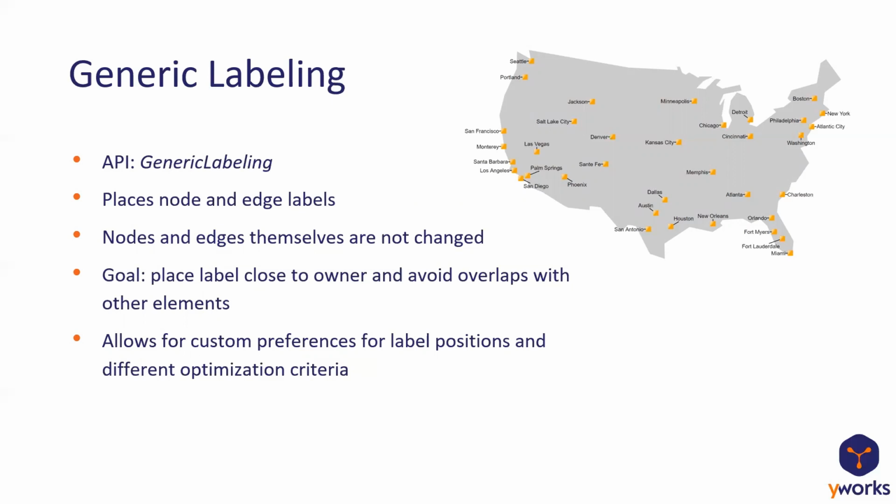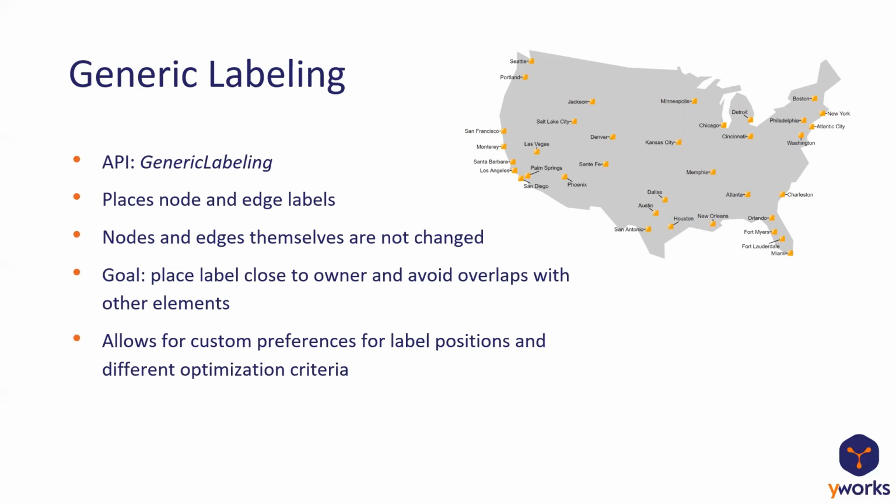The goal is to place the label close to the owner and avoid overlaps with other elements. The algorithm allows different optimization criteria, and it allows you to provide preferences for certain label positions, so to say via the API that you prefer some kind of positions over others.